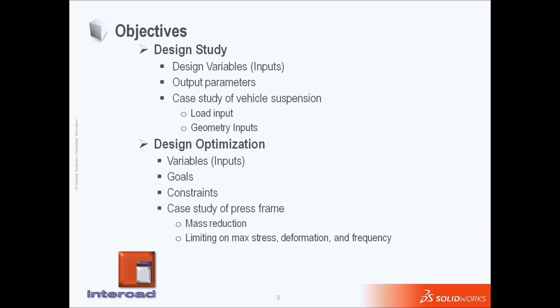In the second part, we go for design optimization, where we have the same definitions and we introduce one more parameter, which is the goal of optimization. We will have a more detailed description of the variables, goals, and constraints, and then a case study of how we can optimize a press frame mass while limiting a few parameters such as maximum stress, deformation, and frequency.